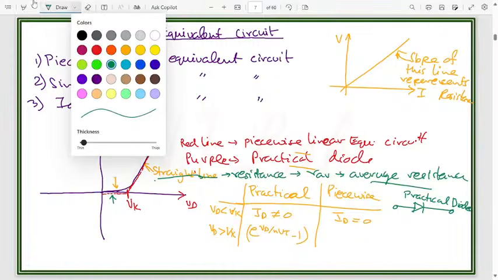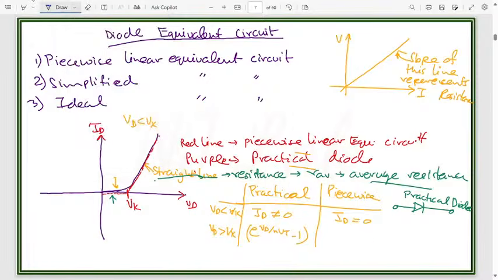Then our piecewise linear diode can be represented as, first, we will represent it with Vk, with plus and minus, right? So this is the A terminal. Then after Vk, meaning up to Vk there will not be any current through the circuit.